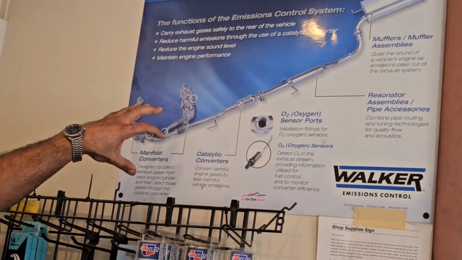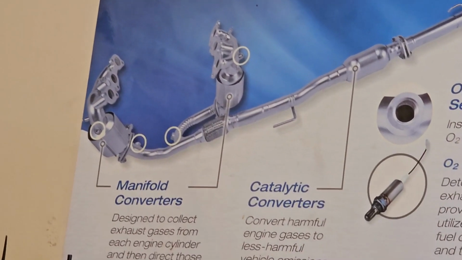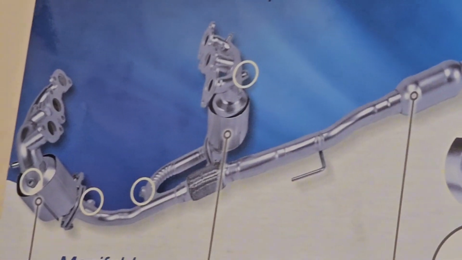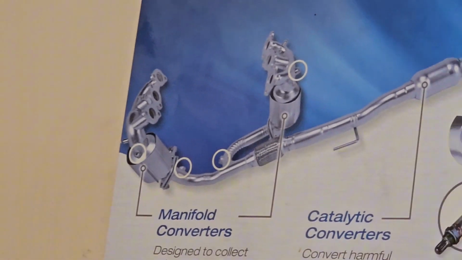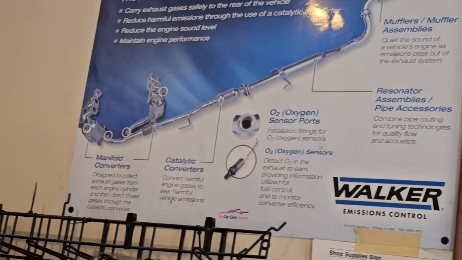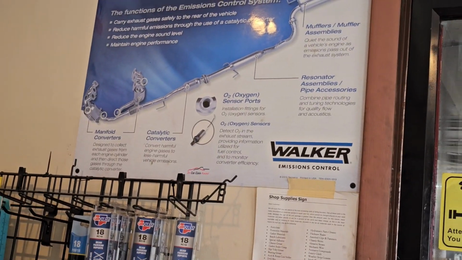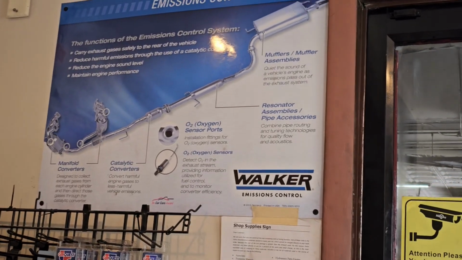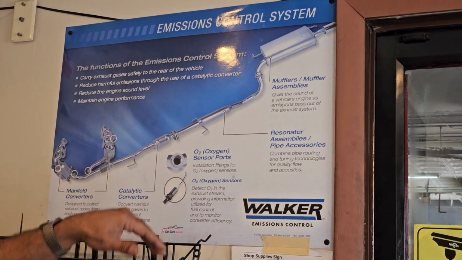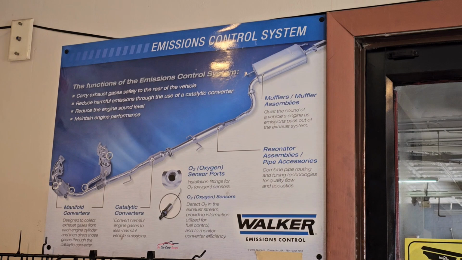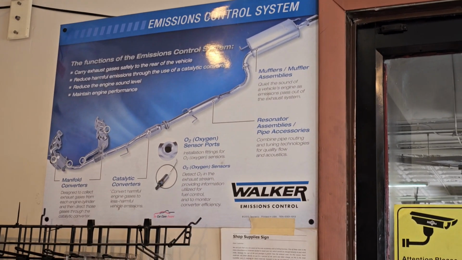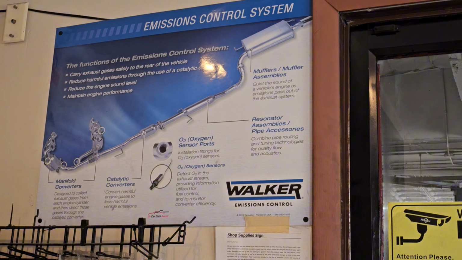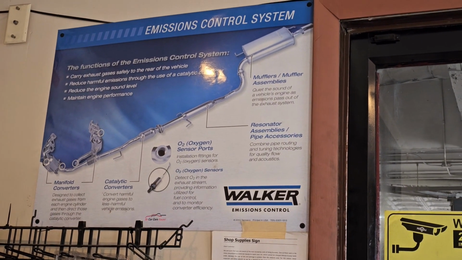But we do have space limitation under the hood, so they're using smaller catalytic converters just so they can start reducing the harmful gases sooner rather than later. But then they have a bigger one on the bottom, downstream, to make the exhaust gases less harmful.